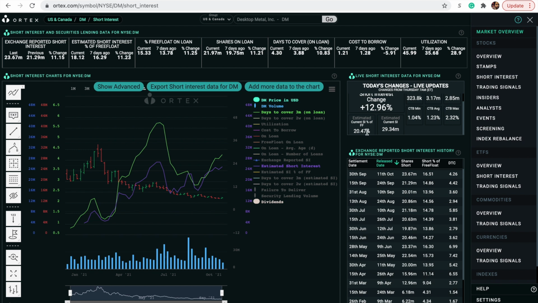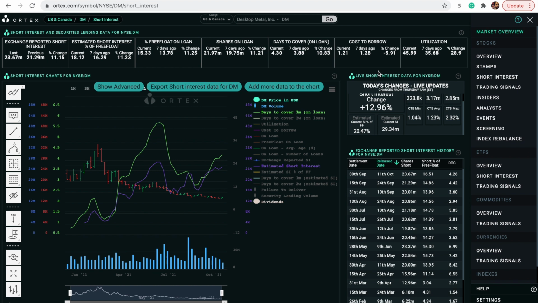Now, here's where there's the issue with effectuating something like a short squeeze, until this last component gets into place. This cost to borrow is very, very low. 1.21 is almost zero, obviously. And even today it came down from 7 days ago.